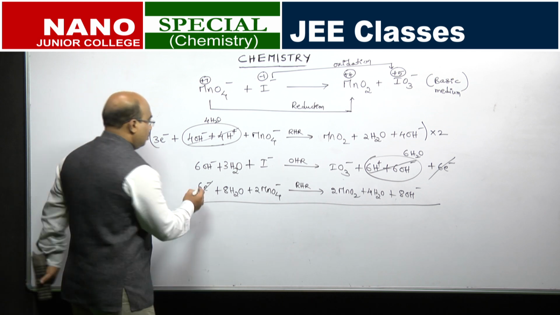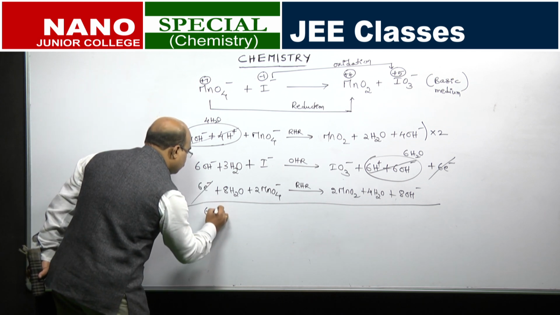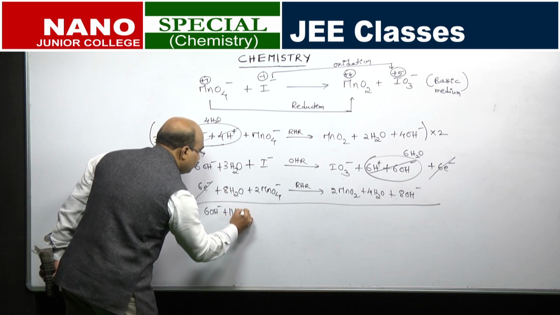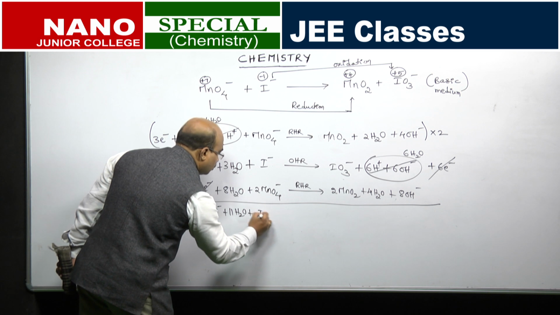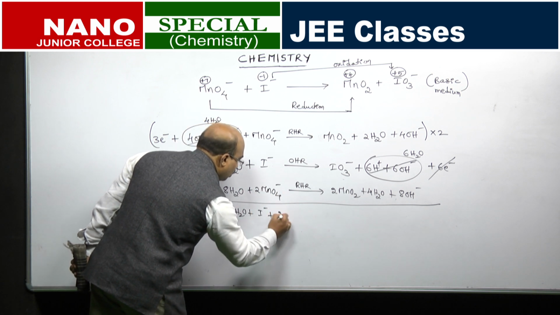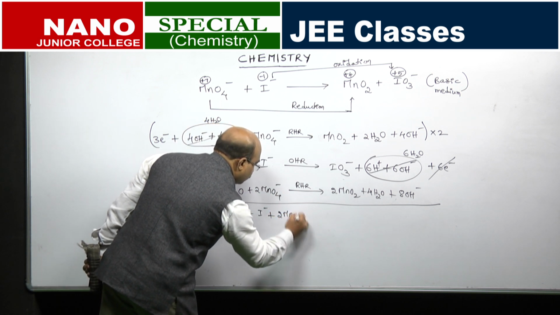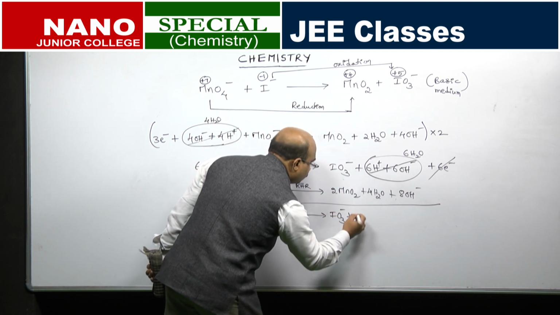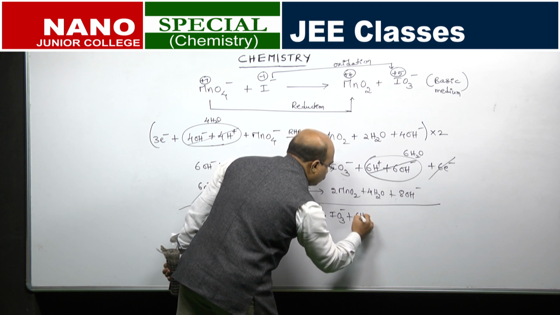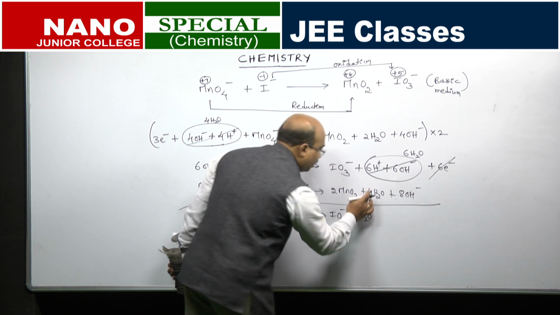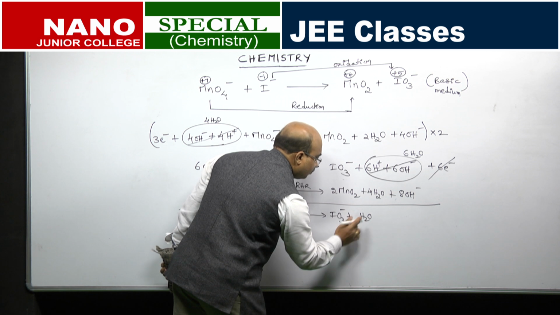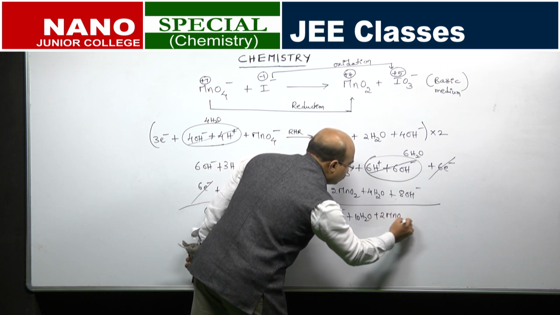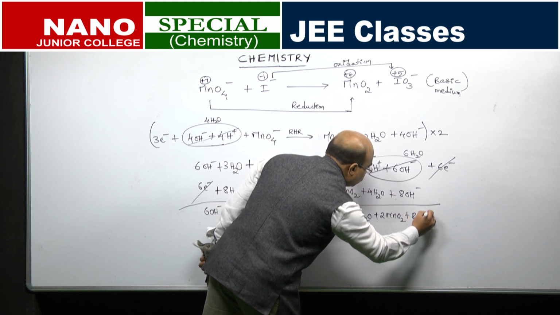So, what is this now? 6 OH minus, this is 8 plus 3, 11 H2O, this is I minus, this is 2 MnO4 minus, IO3 minus, 6 H2O plus this one 10, this is 2 MnO2 plus 8 OH minus.